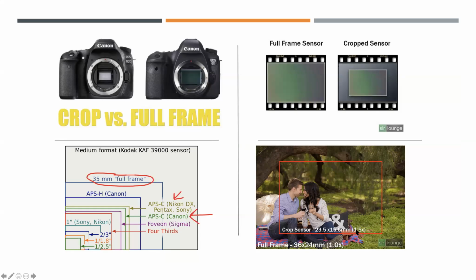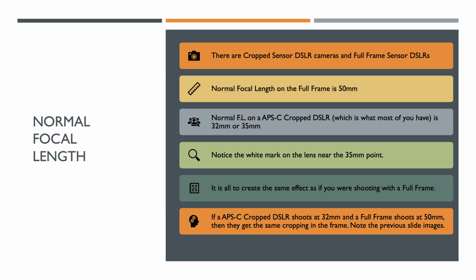If we multiply 1.5 times 32, you get like 49.3 or something like that. That's basically how the crop factor is 1.5 on an APS-C size sensor, and that's kind of how they come up with those numbers.